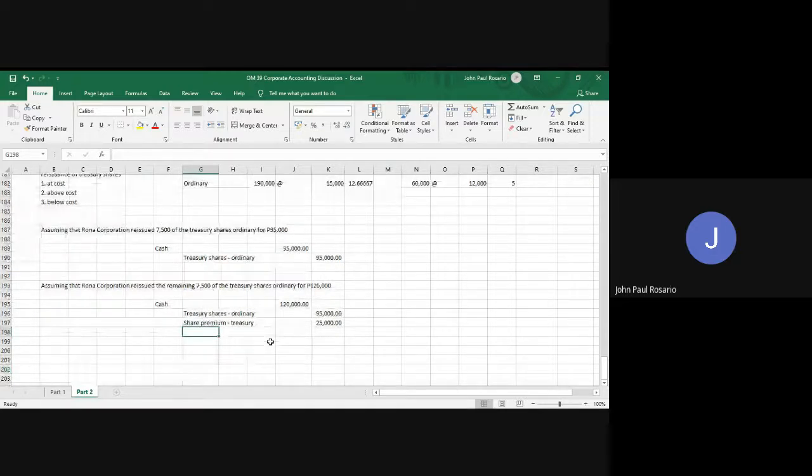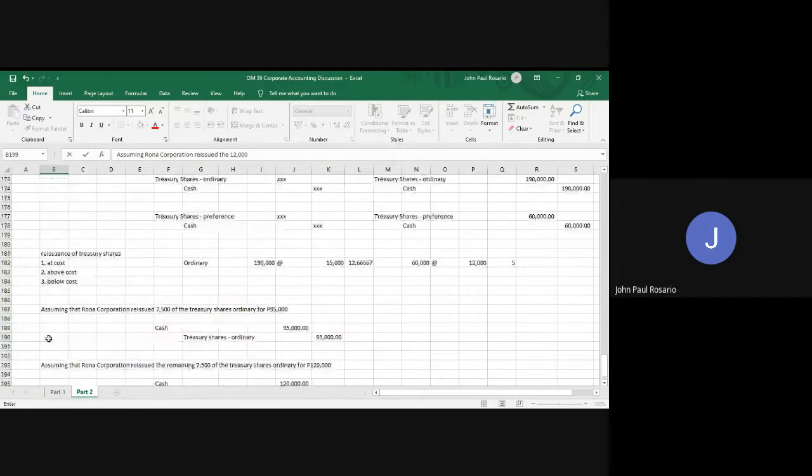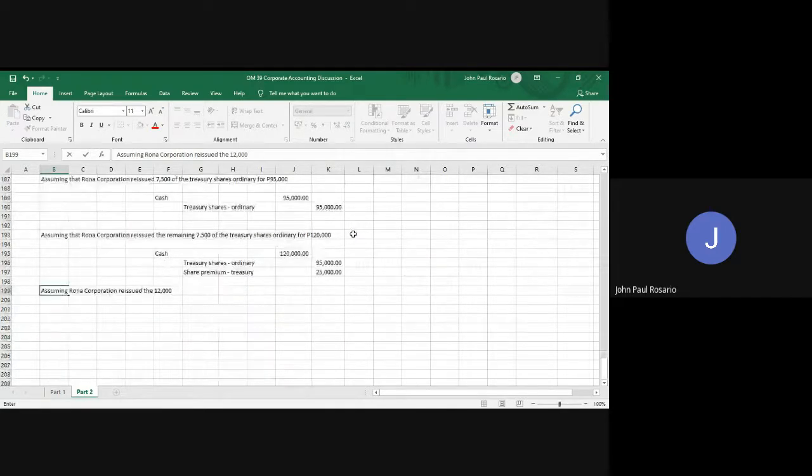What if below cost? So assuming Rona Corporation issued the 12,000 treasury shares preference for 30,000 pesos. Okay. So we received cash of 30,000. Wait a moment.